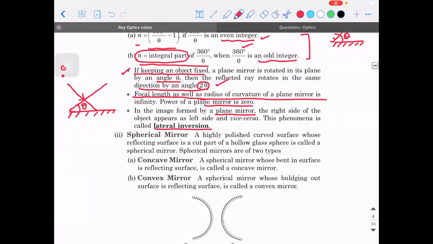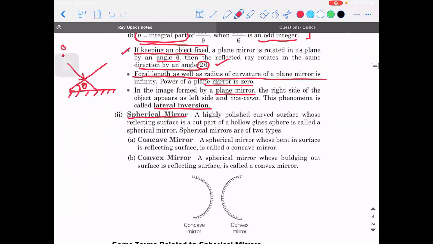The next concept is about spherical mirrors. If you talk about a highly polished curved surface whose reflecting surface is a cut part of a hollow glass sphere, then that kind of mirror is called a spherical mirror. Spherical mirrors are basically of two types, concave mirror and convex mirror.